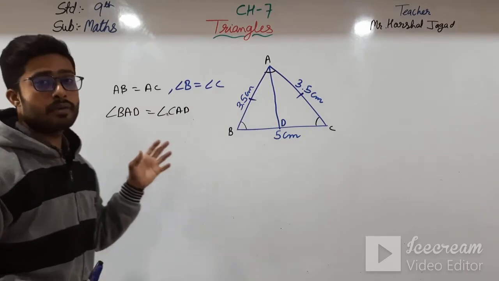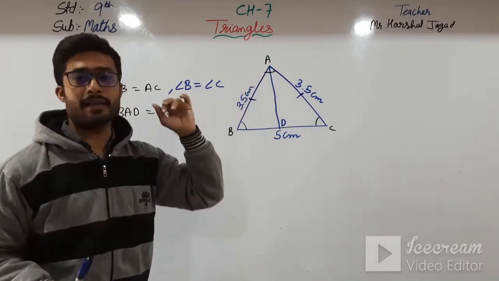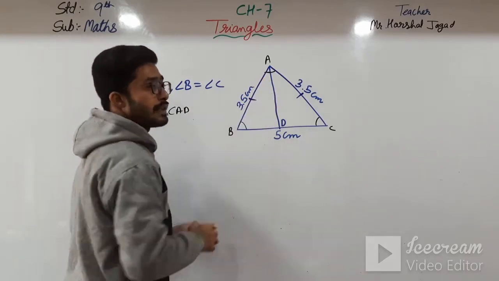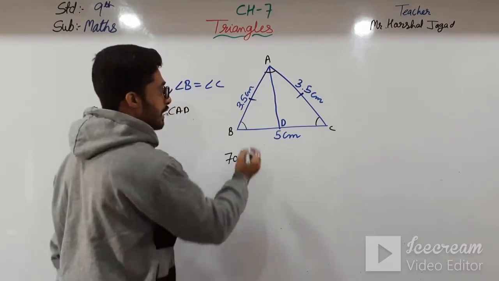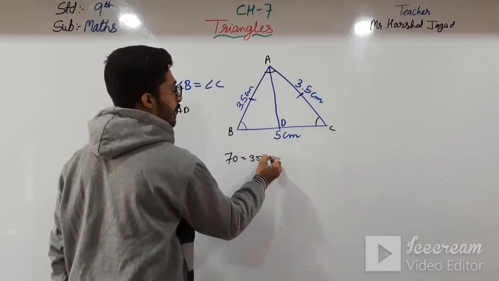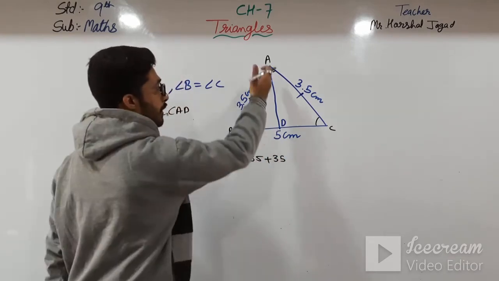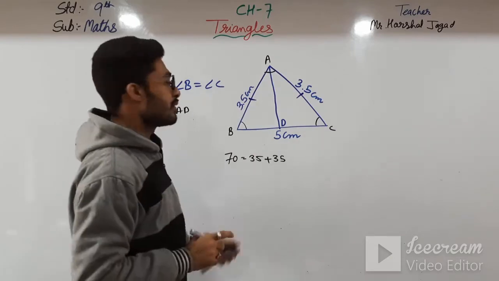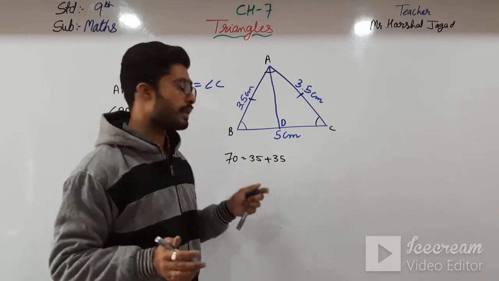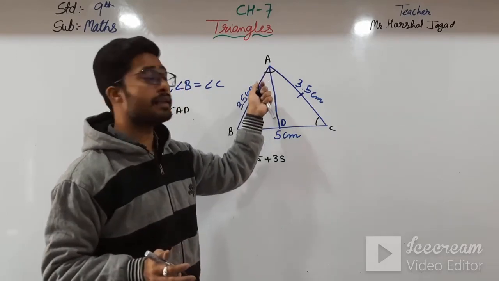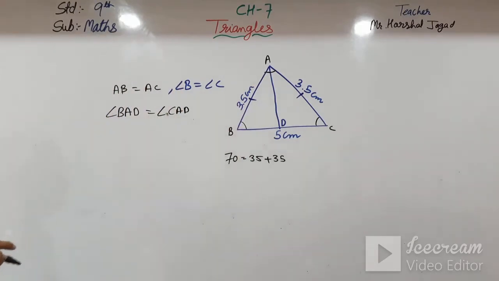These both are equal to each other. Why? Because here we have drawn a bisector. If I say that the angle is 70 degrees, then this should be 35 and this should also be 35. Here we have drawn a bisector, which means it divides the angle. With the angle given, it will bisect and there will be two parts of it. If the total is 80, then here it will be 40 and here it will be 40. So they both are equal to each other.